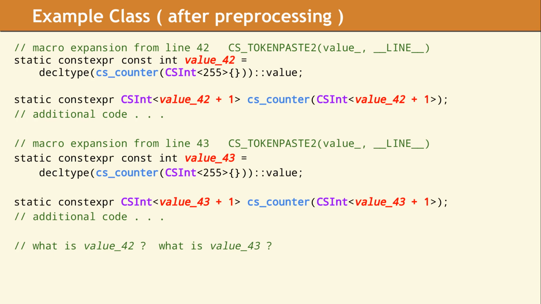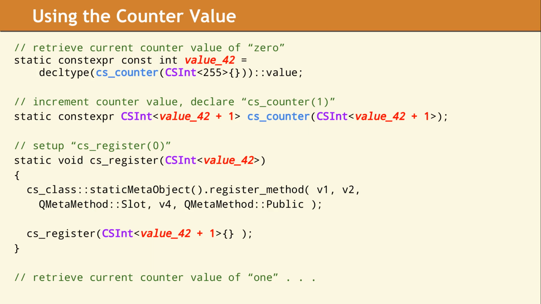Now let's look at the additional code that's expanded on line 42 that actually uses the counter value. So the first two declarations on this slide are the exact same as the ones on the prior slide. What these allow us to do is now declare the CS register method, which was the purpose of this mechanism.